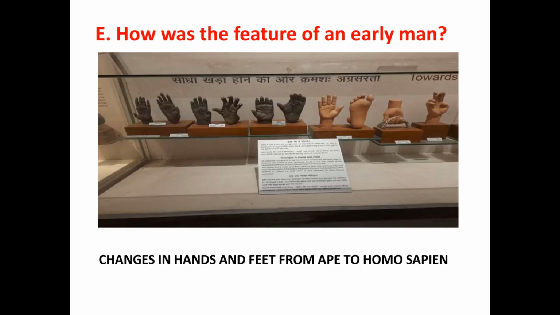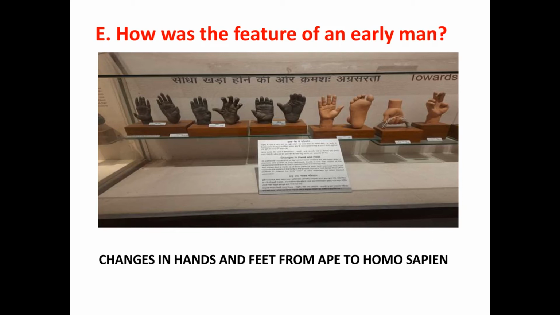In this picture, learn the usage and the changes of the hands and the feet. See how the thumb has helped the Homo sapiens to do various works which the great apes were not able to do.